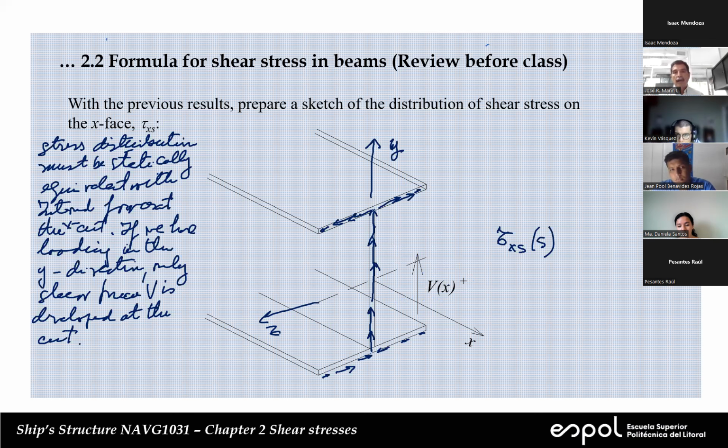Okay, now we have a problem here because you can see that these shear stresses multiplied by area will give us a force, okay? Let's call it V sub C. We have problem, no problem. Why?